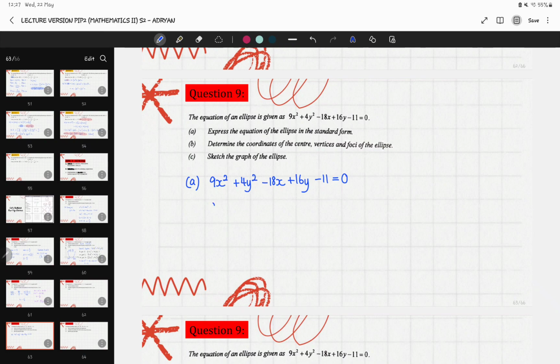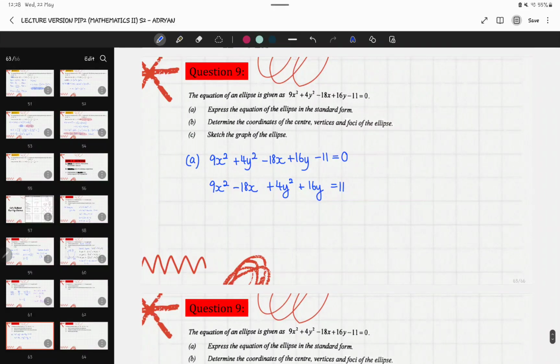So what I do is like this. 9x squared minus 18x plus 4y squared plus 16y equals to 11. Okay, so you can see that I've grouped the x together, y together and numbers I throw to the other side. Now we are going to add a number into the equation so that we can complete the square.